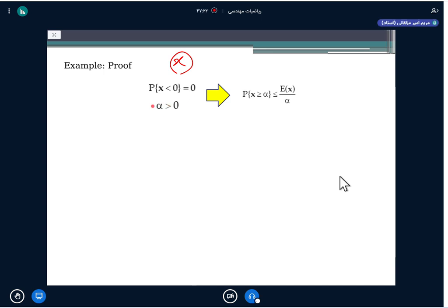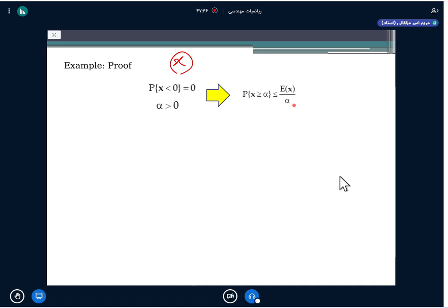Alpha is a positive constant. We should prove that the probability that x is greater than or equal to alpha is less than or equal to the expectation of x divided by alpha.